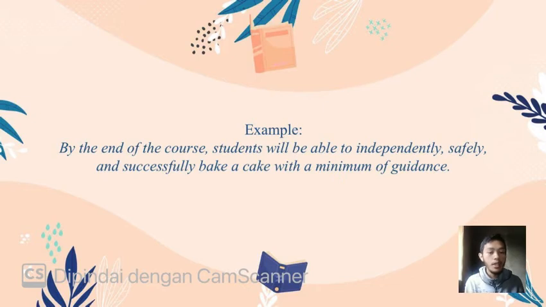In order to achieve these learning outcomes, there are several micro-level activities that are required, such as how to set and use an oven for the first, and then the meaning of terms such as stir, beat, blend, and so on.